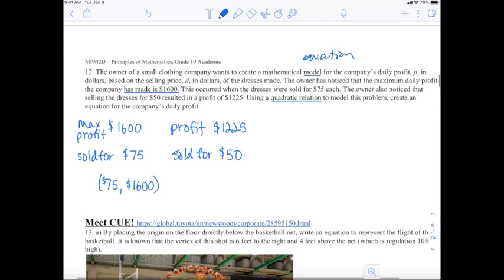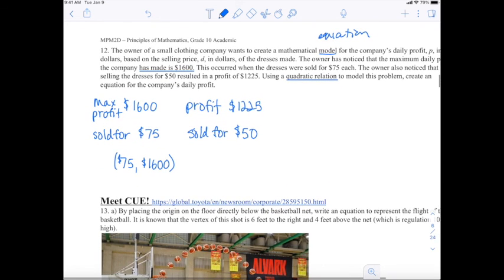Well, my price is the independent variable and my profit depends on it. So I'm going to put $75 in the first part of my coordinate because I know it's the independent variable. Same with this: when I choose a price of dresses of $50, my profit becomes $12.25.